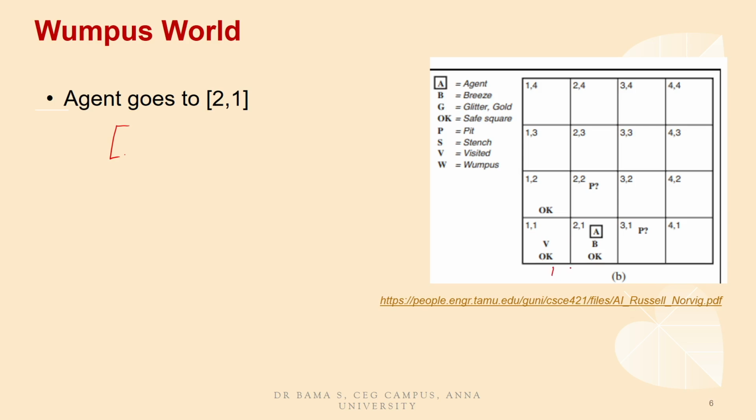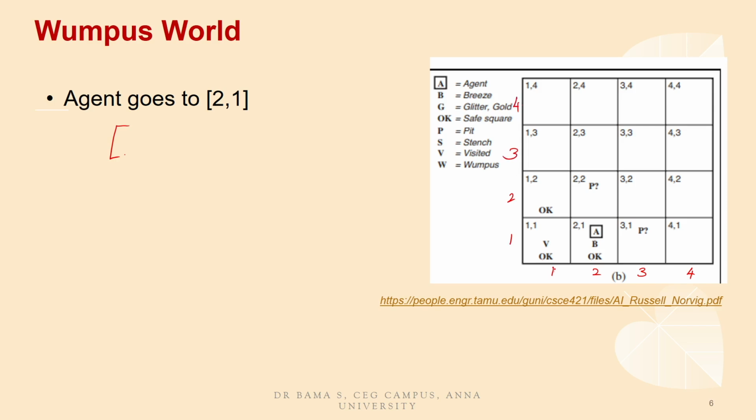When the agent goes to 2 1, if you check, the agent is right here. This is the perfect way of mapping the values, and this is again taken from Russell and Norvig, where you see this is 1, 2, 3 and 4, and this is again 1, 2, 3 and 4.